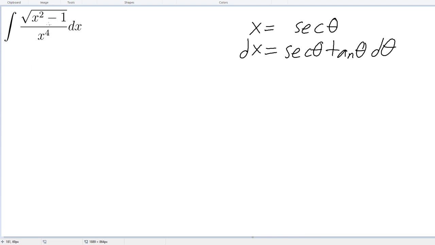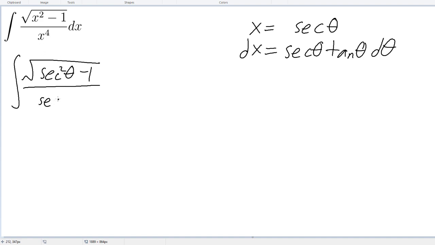So we'll go ahead and implement this. We get square root of secant square theta minus 1. And this is why we use secant, so that it gets rid of the square root. And then, of course, x to the power of 4, x is secant theta, so we have secant to the power of 4. And then our dx is secant theta tangent theta d theta. Okay, cool.